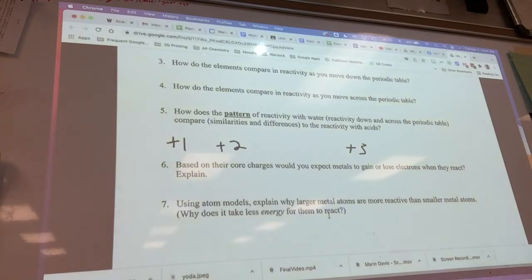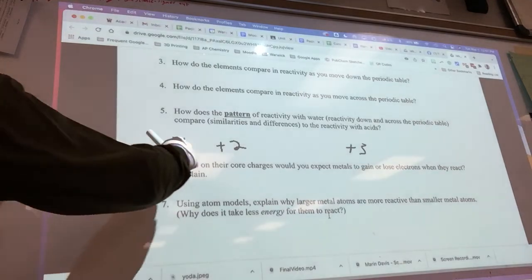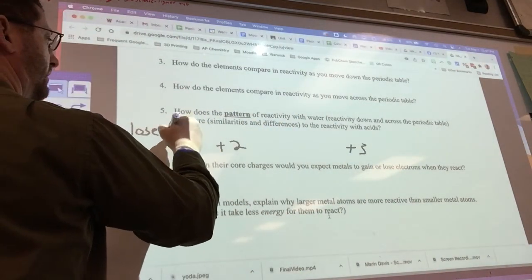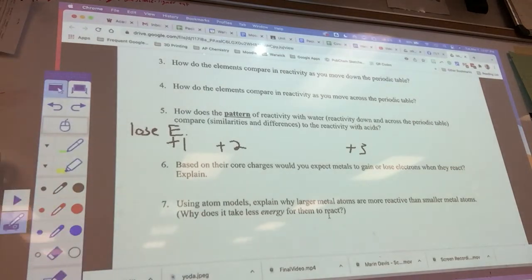Are they big positives, small positives? They are pretty small. So is there a big attraction pulling electrons into the atom? Probably not much. And is there a lot stopping us from ripping off their 1 or 2 electrons? No. So do you want to revisit that answer? I would probably think that a +1, +2, maybe even a +3 is probably going to lose electrons, because there's not a lot of positive charge holding on to the electrons.